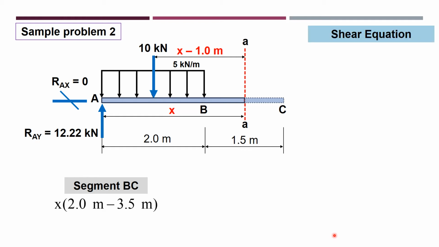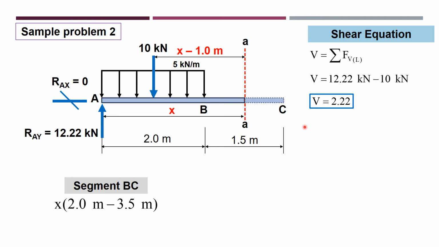So for the shear equation, we'll sum up the vertical forces to the left of the imaginary cutting plane. So again, the vertical forces involved are RAY and the 10 kilonewton force. And simplifying, our shear equation for BC is V equals 2.22.